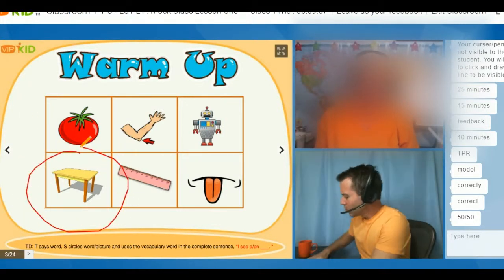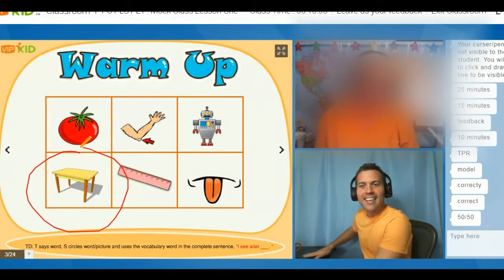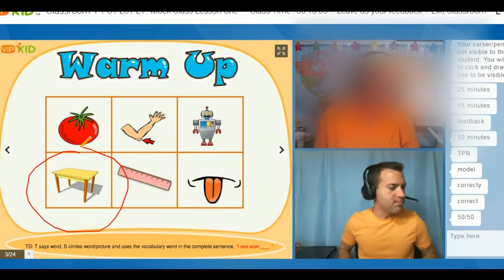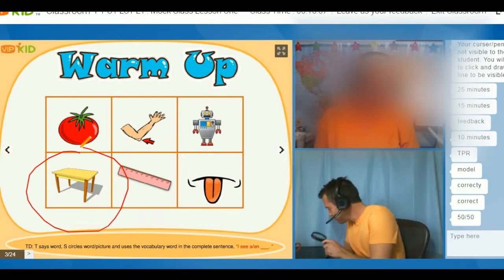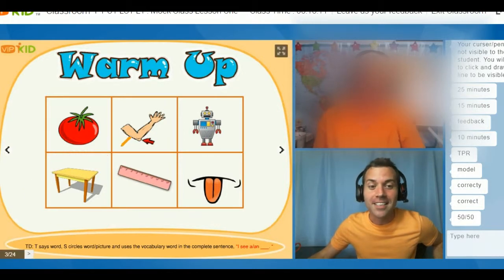What do you see? Table. Yes, I see a table.